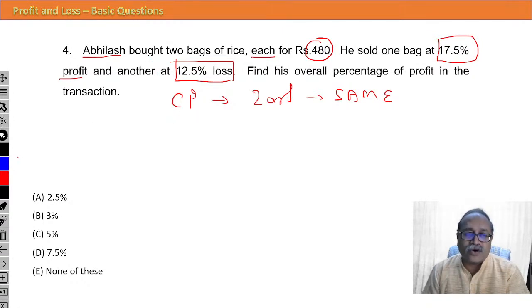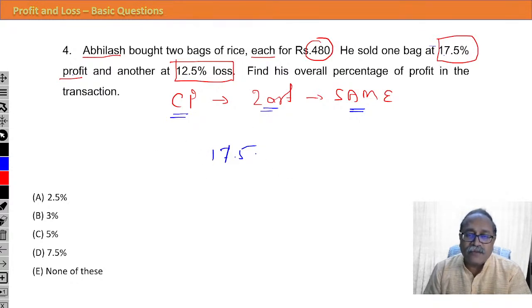So what is the overall profit or loss percentage? Whenever the cost price of two articles is the same, we take the average of 17.5, is it profit or loss? It's profit, so let it be plus. After that, what will we do? Minus 12.5%, because it is a loss, so we take it as minus. Divided by 2, since we have taken two numbers.